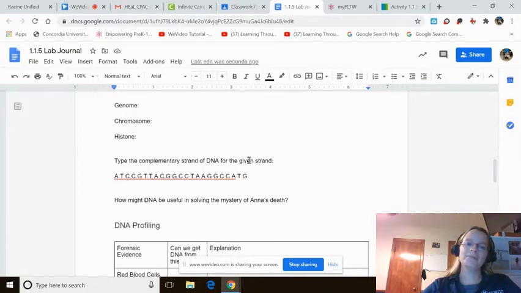Next, it says type the complementary strand of DNA for the given strand. You can always do this because you know A pairs with T and C pairs with G. So here you're given a strand: ATCC, TTAC, GGCC, TAAGGCC.